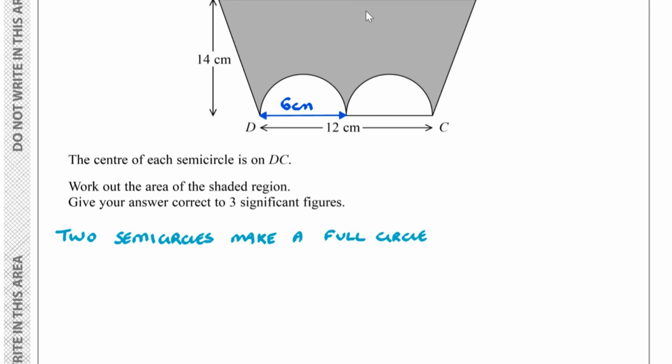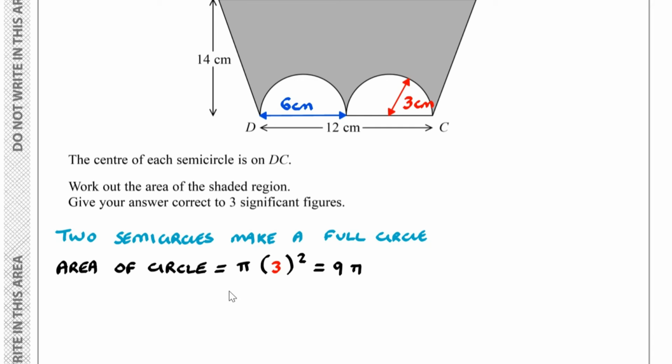And so therefore, the radius of the semicircle will be half of the 6, which is 3 centimeters. We can now find out the area of the circle. We would have pi multiplied by 3 squared, which is 9 pi.